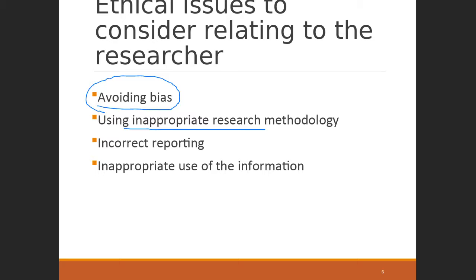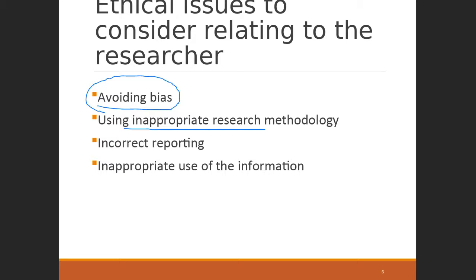So it is very important for you that you should not be using any inappropriate research methodology. So that is why in your assignment number 3, I will be reading your research methodology in detail. So I want to be sure that you are very much clear about your research methods.